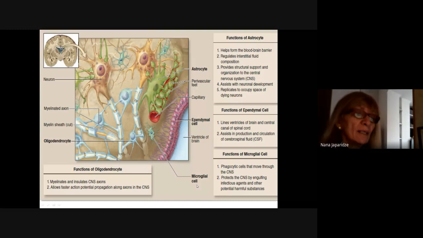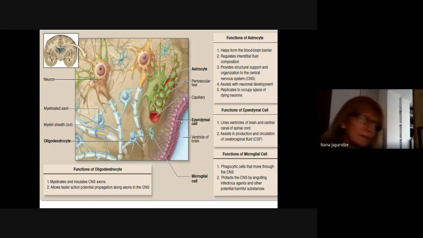Also, you see here a small part of the ventricle, the lateral ventricle, and this lateral ventricle is lined, as all other ventricles and the spinal cord canal too, with glial cells which are called ependymal cells. So, what are the main functions of astrocytes?